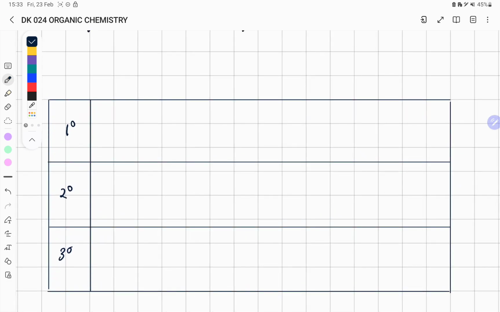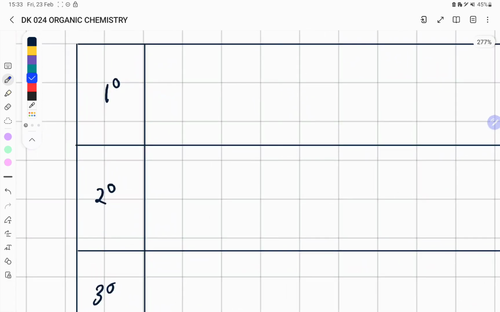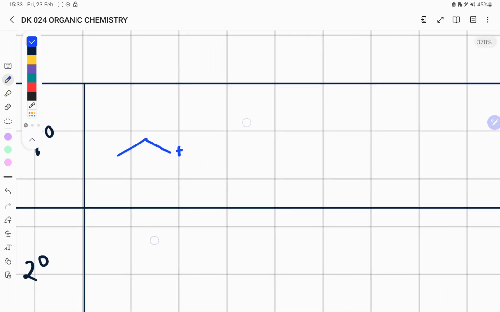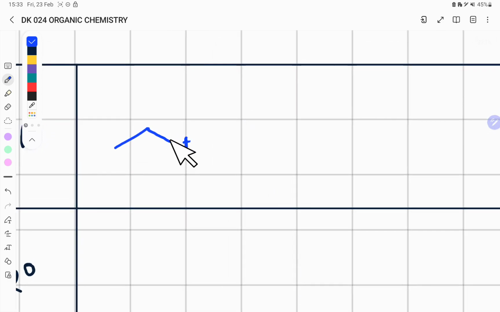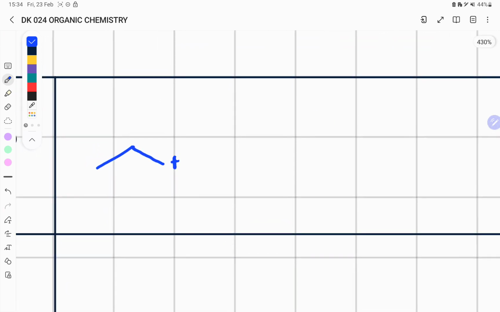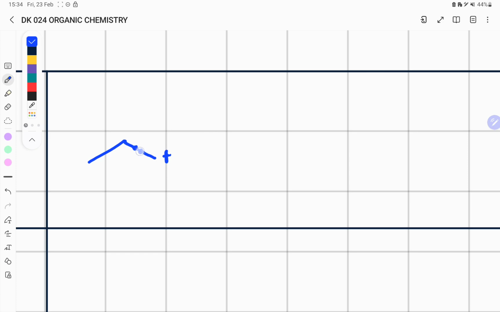Okay, so kalau kita tengok contoh, here I will draw an example of primary carbocation. Okay, positif. Bermaksud karbon ini dia ada satu karbon saja yang bonded kepada karbon tepi ni. Okay. Now on this bond right here, ada berapa elektron? Ada 2 elektron.